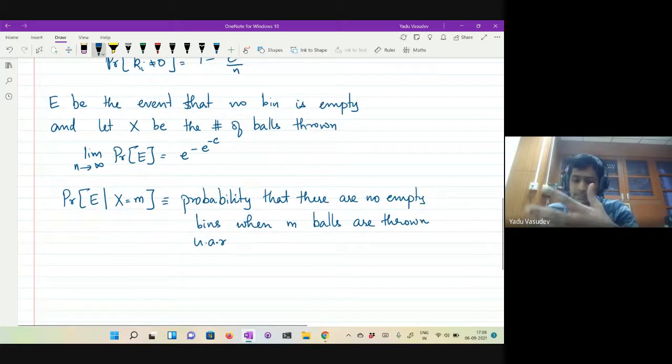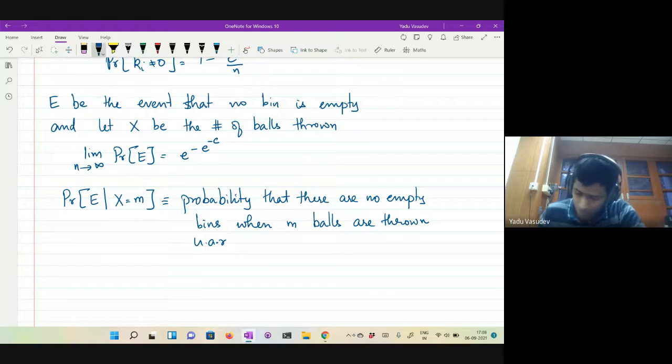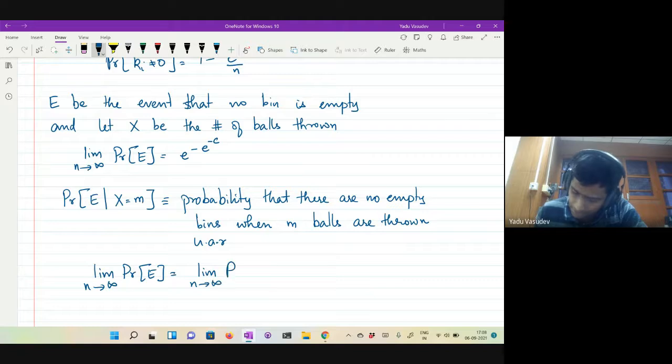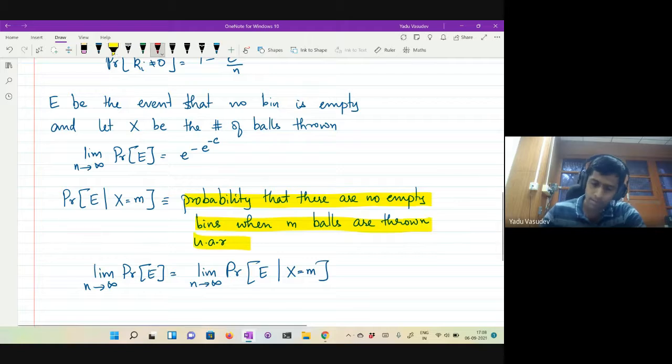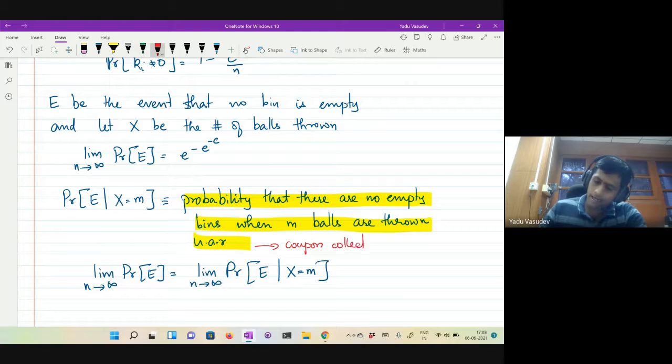So to prove our theorem, all we need to show is that the limit as n tends to infinity of the probability of E is equal to the limit as n tends to infinity of the probability of E given X is equal to m. So this is what we set out to analyze. This is the coupon collector problem. But I know how to analyze this value. Now all I need to show is this equivalence, and that will conclude.